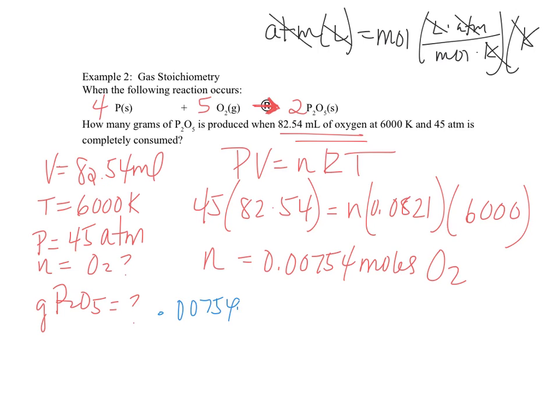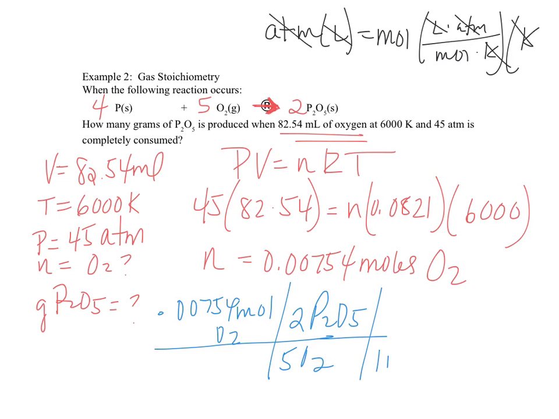0.00754 moles of O2, and in the equation we have 5 O2 going to 2 P2O5, and we know that 1 mole of the P2O5 has a mass of 5 times 16 plus 2 phosphorus, 142 grams.